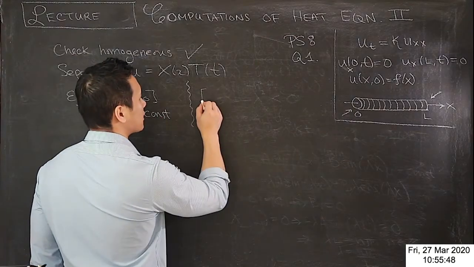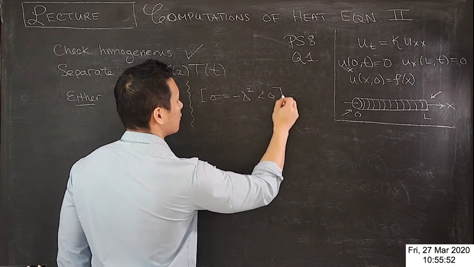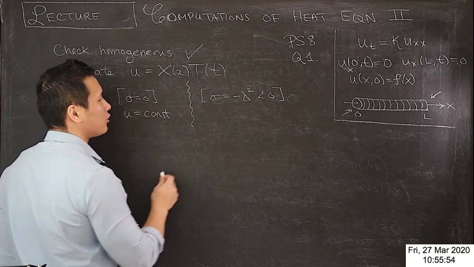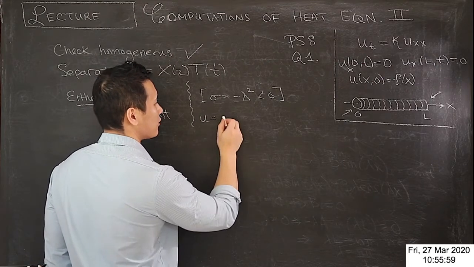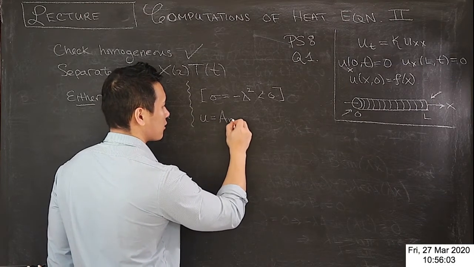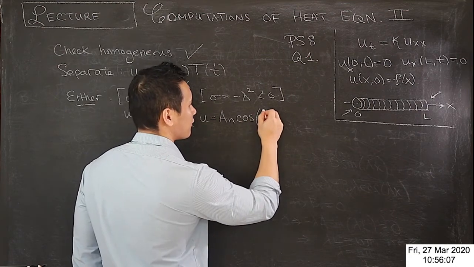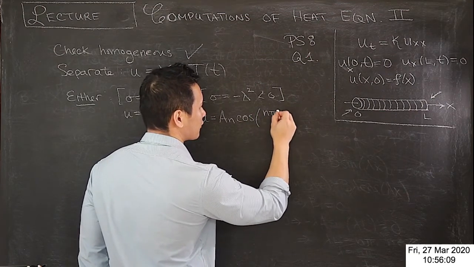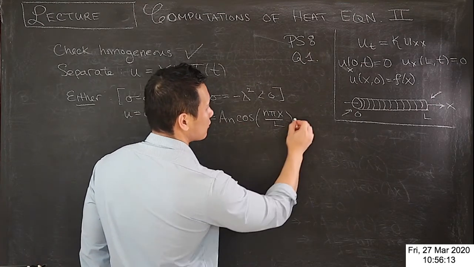And in the case where sigma is equal to minus lambda squared less than 0, you concluded that u is essentially, we'll write it in full, a constant, let's call them A_n, times a cosine of n pi x over L, times an exponential.